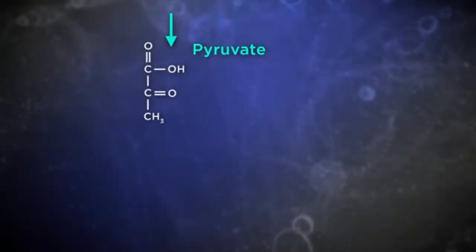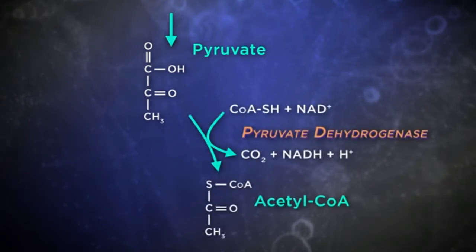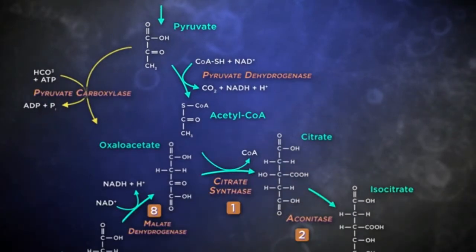Almost all cellular oxidations occur this way. Molecules lose electrons in oxidations, and the electron carriers receive the electrons in reductions. As a result of all this, the 3-carbon molecule of pyruvate donates 2 carbons to make Acetyl CoA, which can then enter the citric acid cycle.